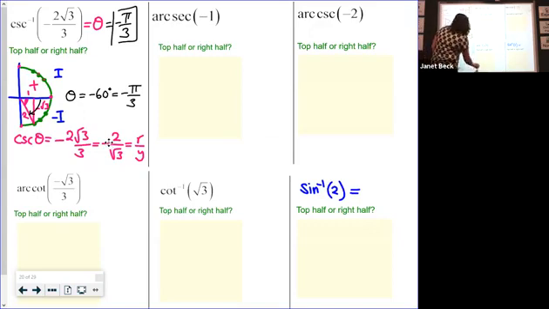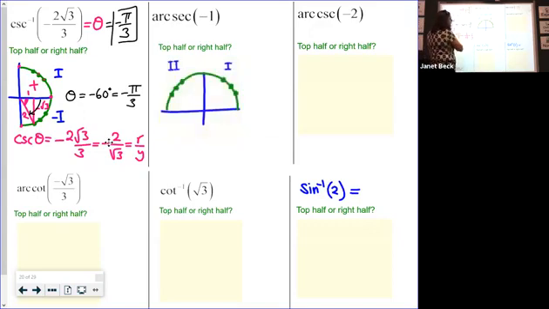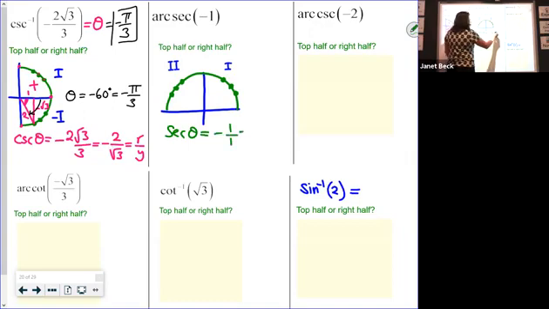Inverse secant, we're looking in the top half, it's negative. We know the secant of our angle is negative 1, and secant is a ratio of r divided by x. It's not the r that's negative, it's the x that's negative.